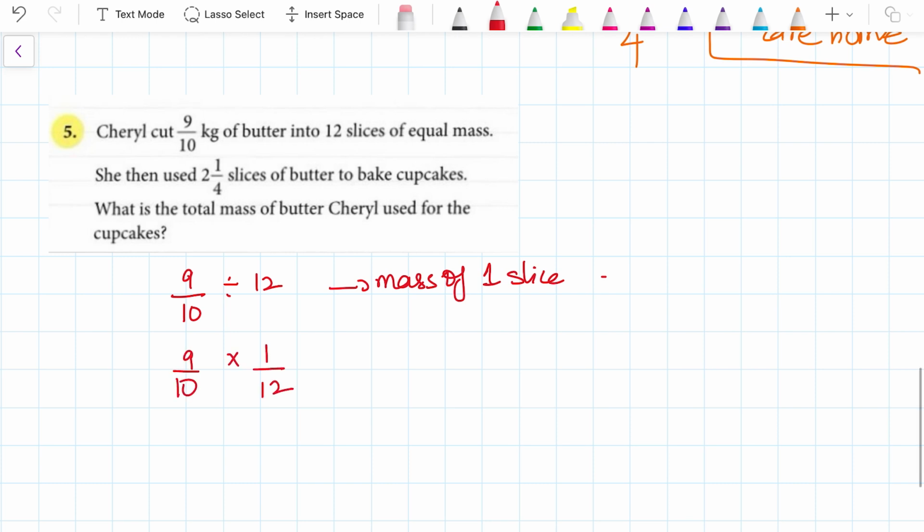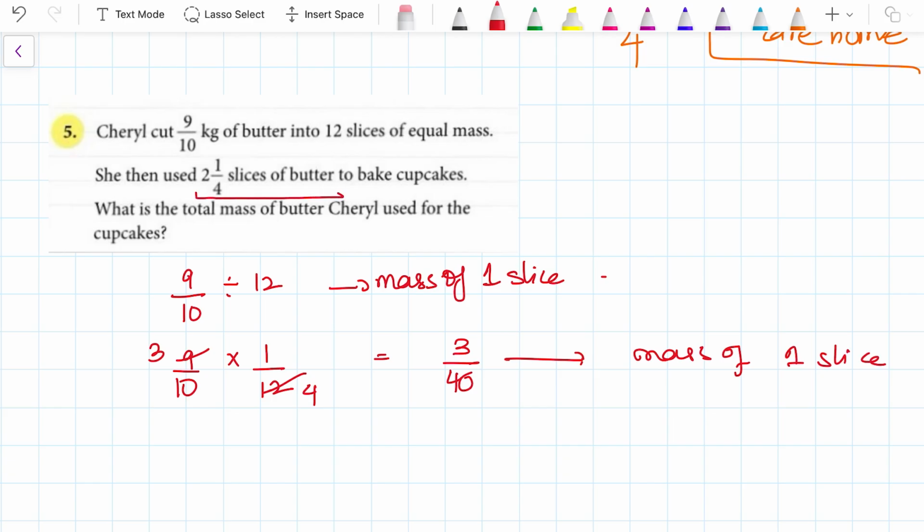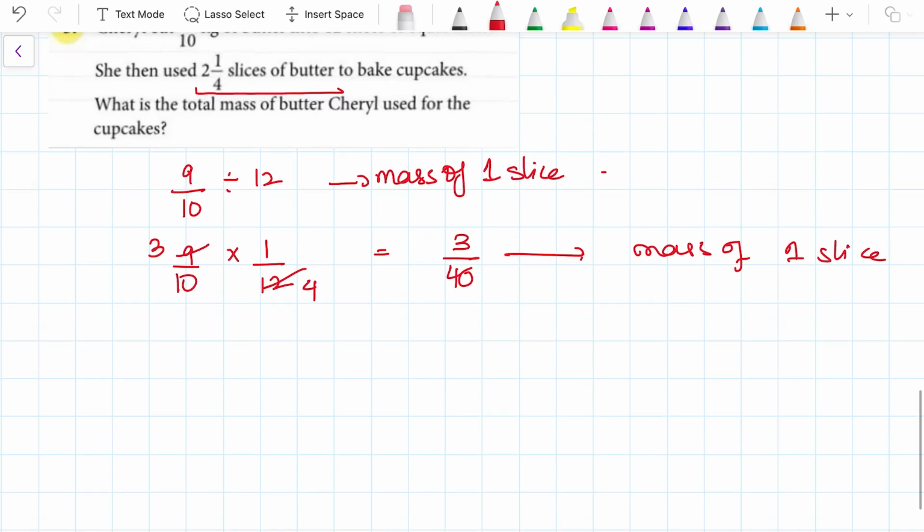Multiply by 1/12. 3 times 3, 3 times 4. So it becomes 3/40 is the mass of one slice. You used 2 whole 1/4 slices of butter, so 2 whole 1/4 multiplied by 3/40.